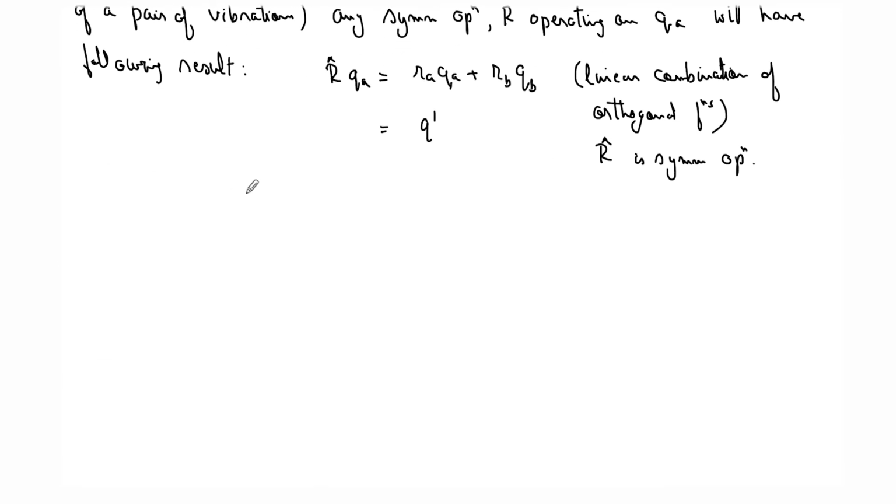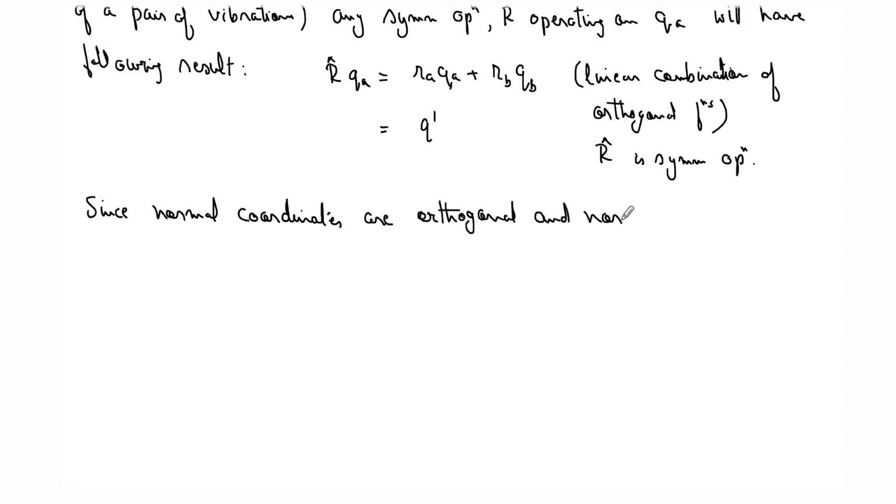Now let's say, since my normal coordinates are orthogonal and normalized, I can say QA square is equal to 1 and QB square is also equal to 1.